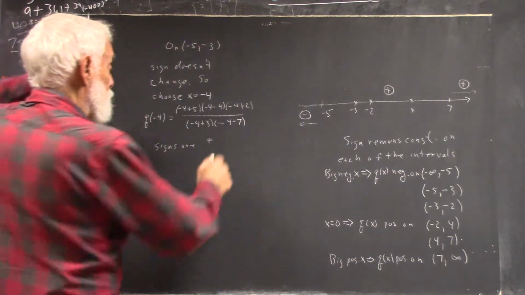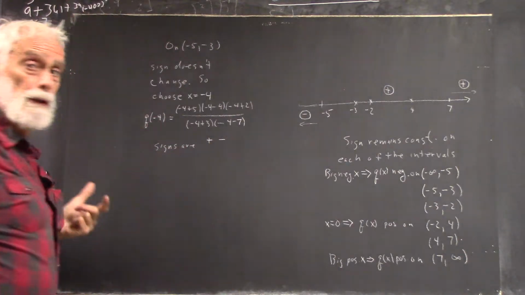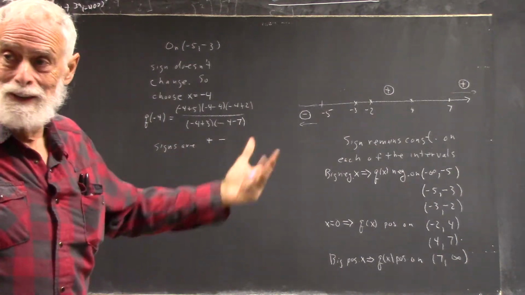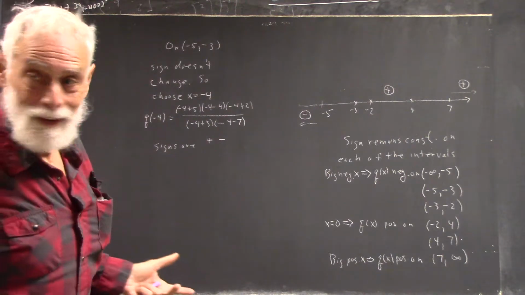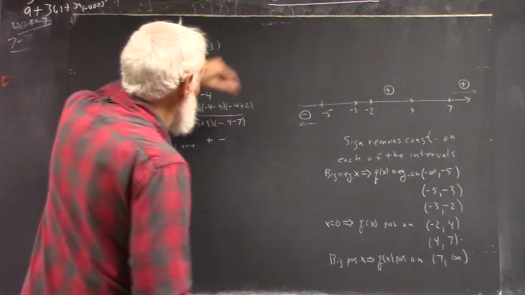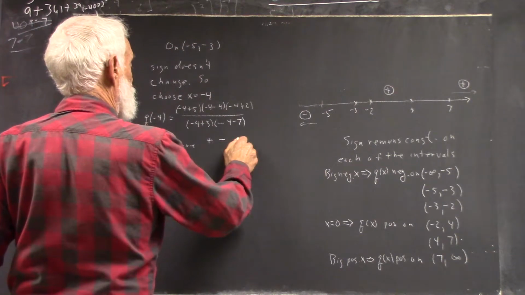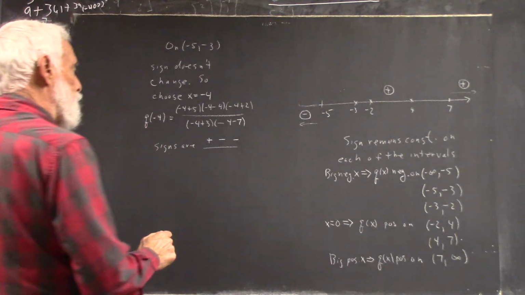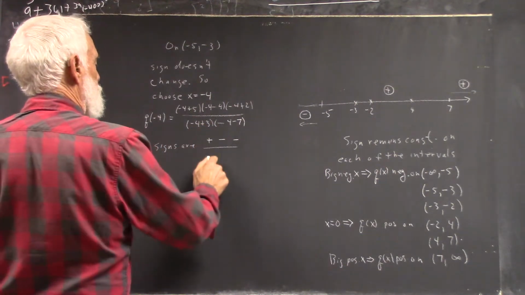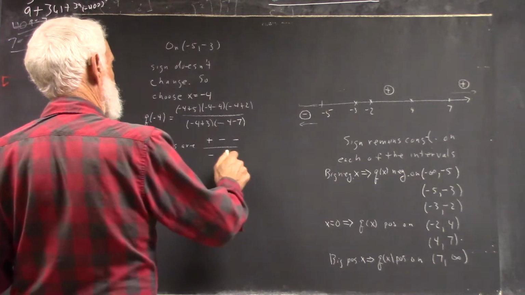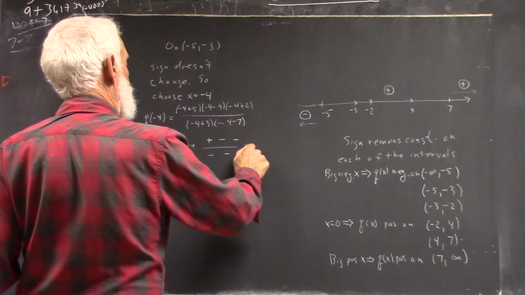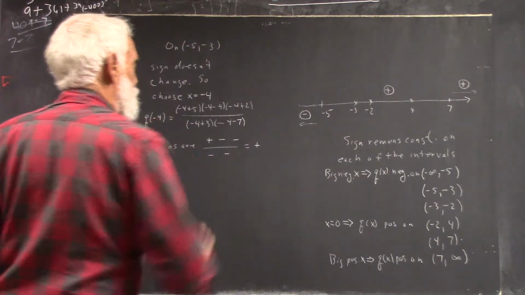Negative. Negative. You don't even have to do the arithmetic, you just gotta figure out which, if you got a positive and negative, which one's bigger, okay? Negative 4 plus 2, well, that's negative. And in the denominator, negative 4 plus 3 is negative, negative 4 minus 7 is negative. And all that becomes positive, right?